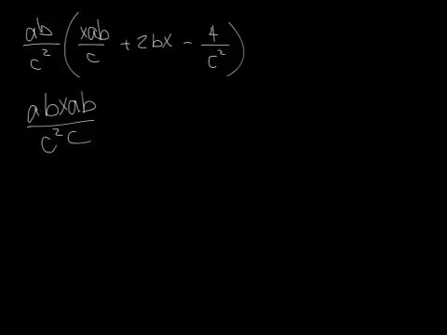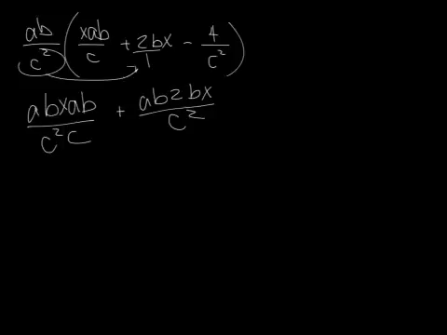And some people find this easier, just to stick everything together. So we have an a, b, a 2, a b, and an x over a c squared, because this only has a 1 there, so that times that is c squared. And then we have a minus a, b, and a 4 over c squared.